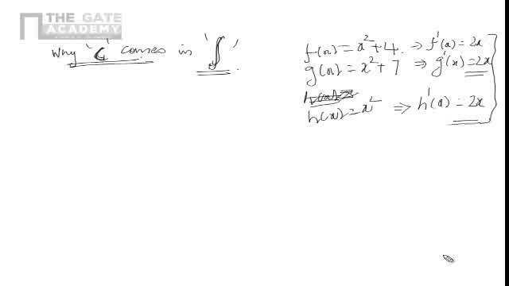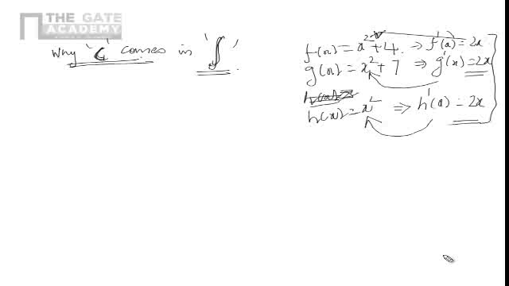Now h dash of x upon integration will give you x square. g dash of x also upon integration will give you x square. f dash of x also upon integration will give you x square, because derivative of a constant is 0. Correct. Derivative of a constant is 0.